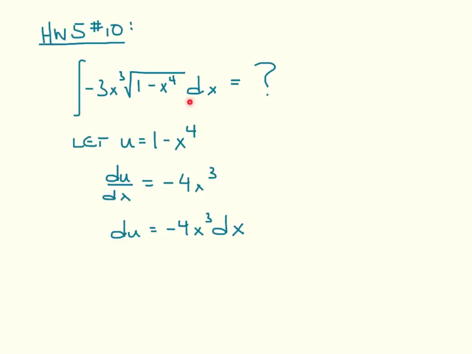One nice way is to bring the negative 4 to the other side here, so that you have minus 1/4 du is x cubed dx. So what that means is we're going to take the x cubed dx in the integrand and replace them with negative 1/4 du. We're going to take the 1 minus x to the fourth and replace it with u, and then this negative 3 is going to stay, because we haven't touched that.